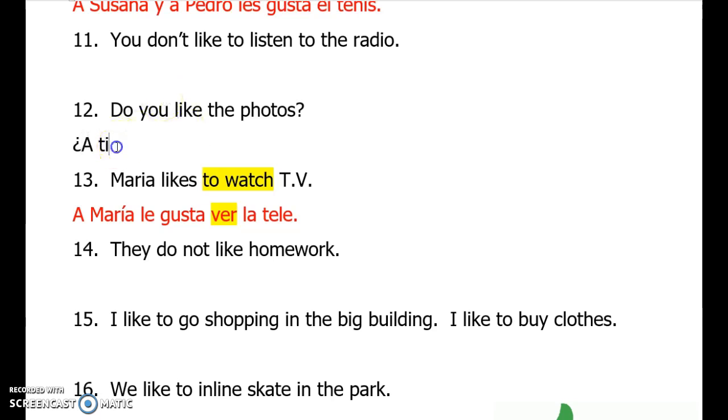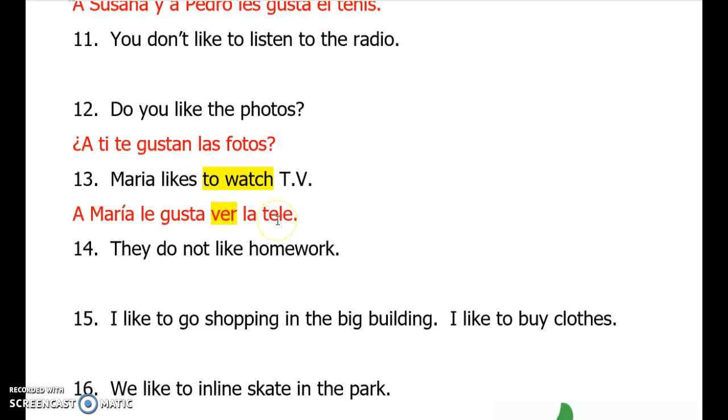Now, a mí has an accent mark on it, but a ti does not. You have an alternate mí with an accent mark, or mi without the accent mark, meaning my. A ti uses te. You don't have to change the order of the sentence because it's already inverted. We are talking about the photos, which is plural. So you've got to go with gustan with the N. The photos, las fotos. A ti te gustan las fotos.